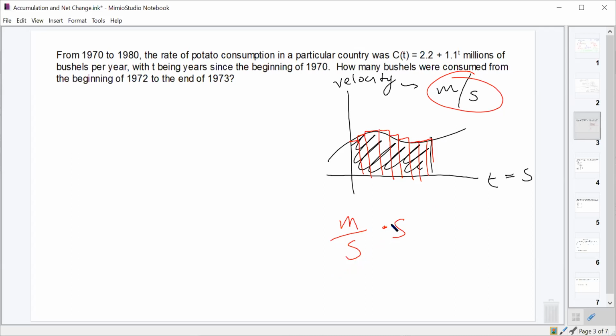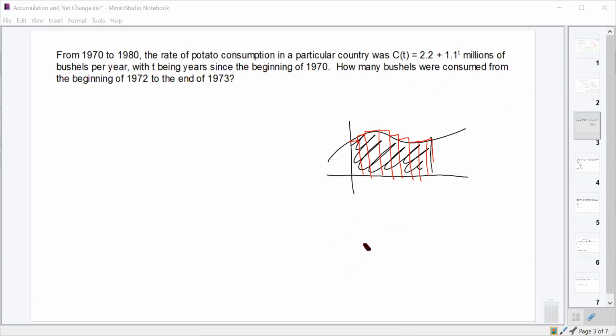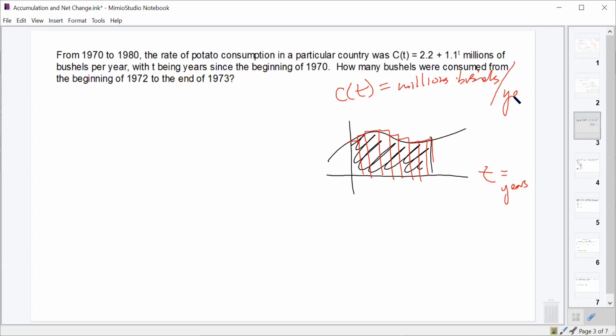All right. So we're going to use that same idea here. Going up here, this is going to be our C of t function. Down here is still time. So time in this case is going to be in years, and C of t is going to be in millions of bushels per year.